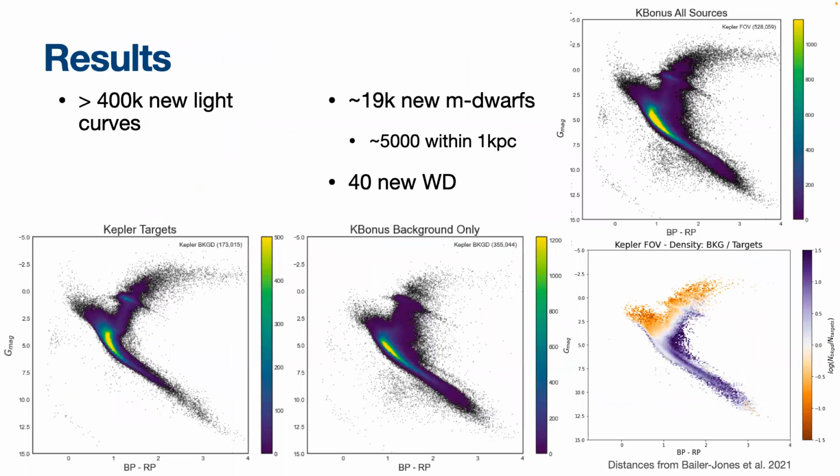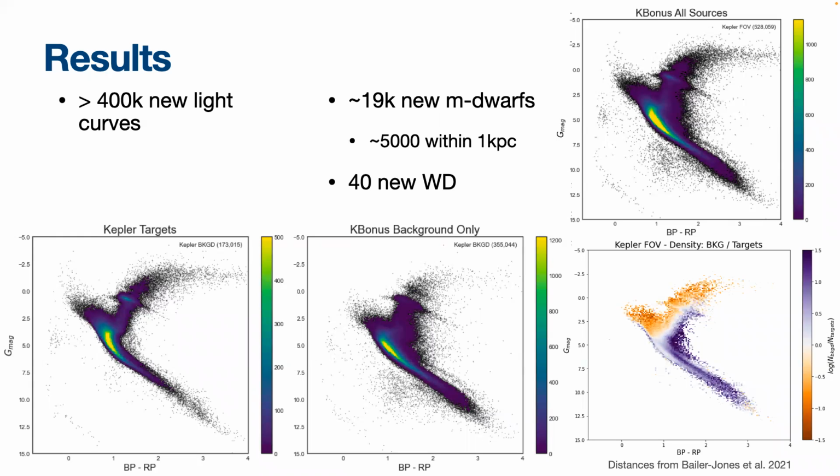Now moving into the overall results of our data set. As I mentioned before, we have around 600,000 sources in our catalog. 400,000, or more than that number, are background sources. And here I'm showing the color magnitude diagrams for those subsamples.